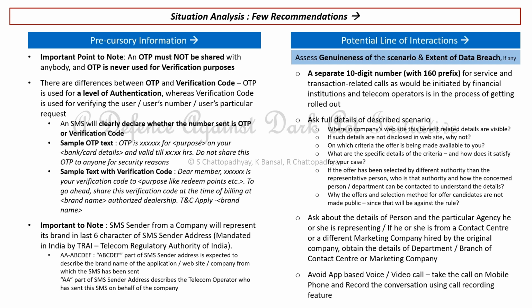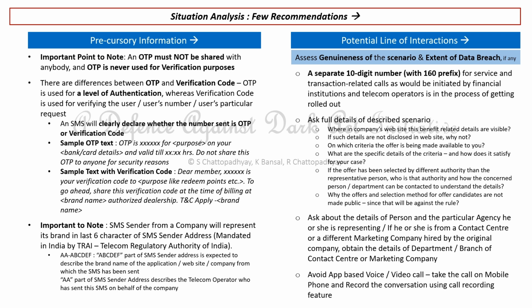So it will always have a timestamp associated with how long this one-time password is valid. And it will typically also have text that explains that you're not supposed to share this with anybody for security reasons. So that's the sample OTP text.